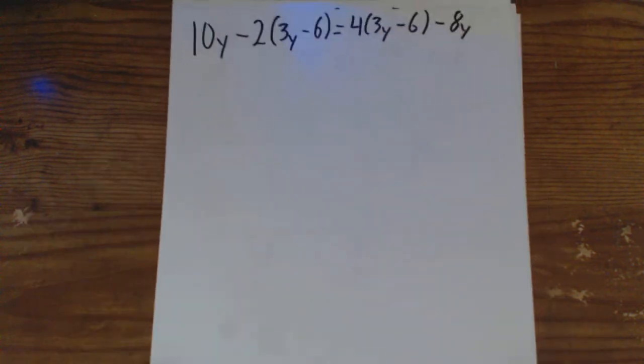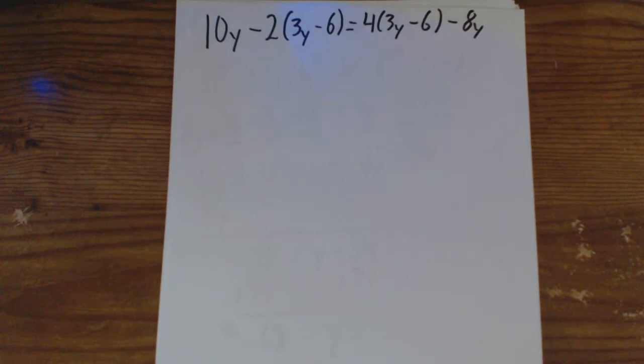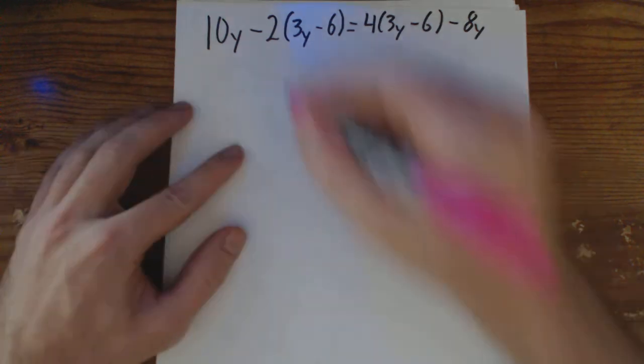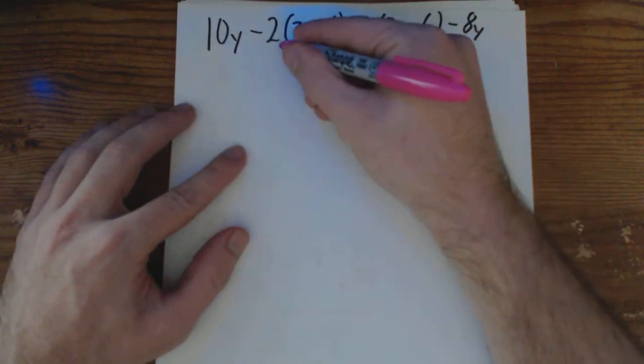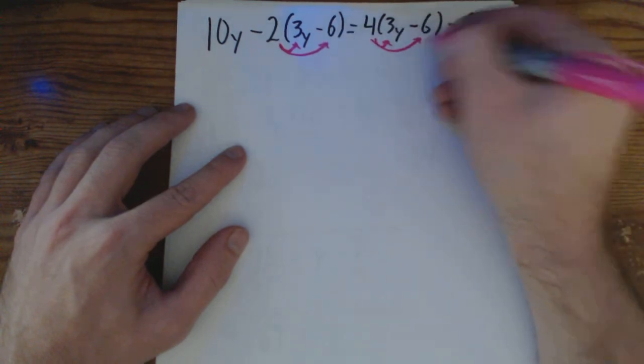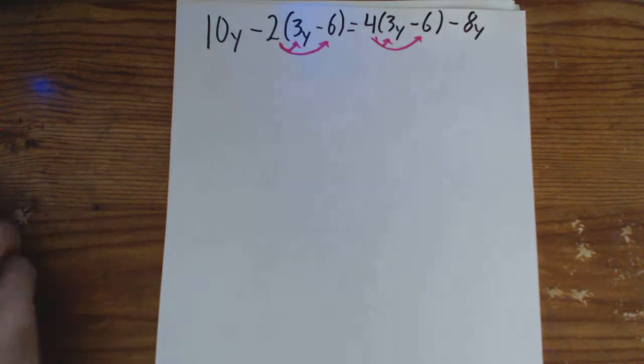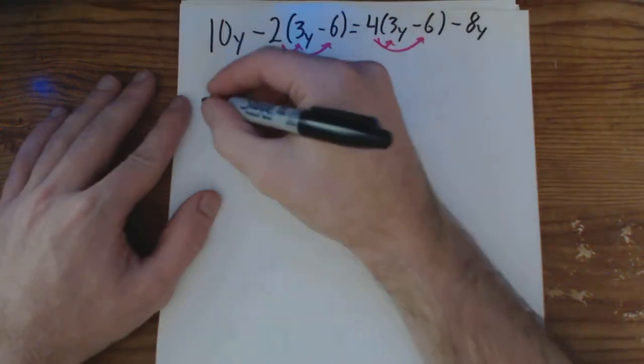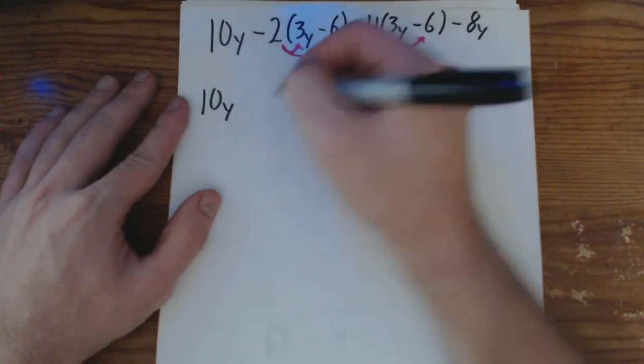Okay, here we have another big one. Again, there's some multiplication there that we can distribute. So I'm going to point that out right away. Got that 2 into there, this guy into those. So let's just do that first. It's 10y, there's nothing to distribute with that, so I'm going to bring him straight on down.